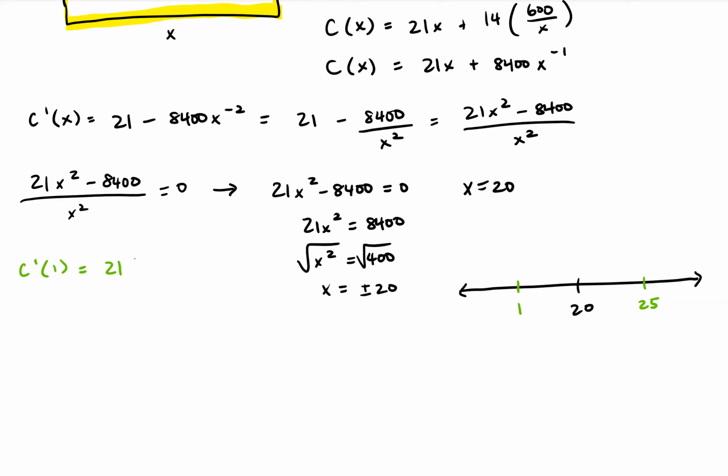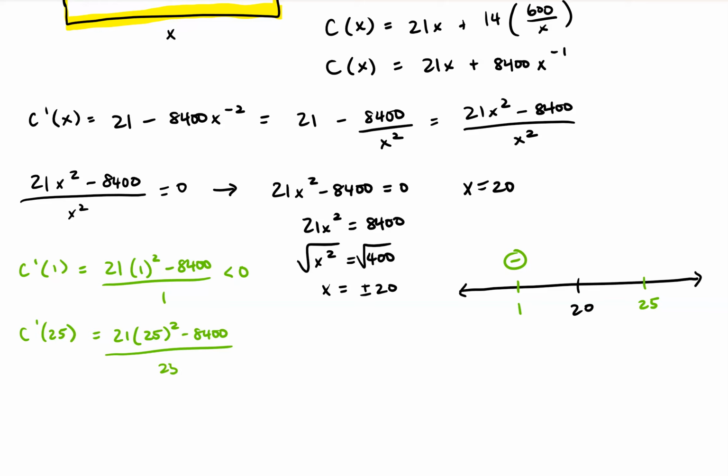So we have 21 times 1 squared minus 8400 over 1, and that is definitely going to be a negative number. And then C prime of 25, that's equal to 21 times 25 squared minus 8400 over 25 squared, and that is definitely going to be positive.